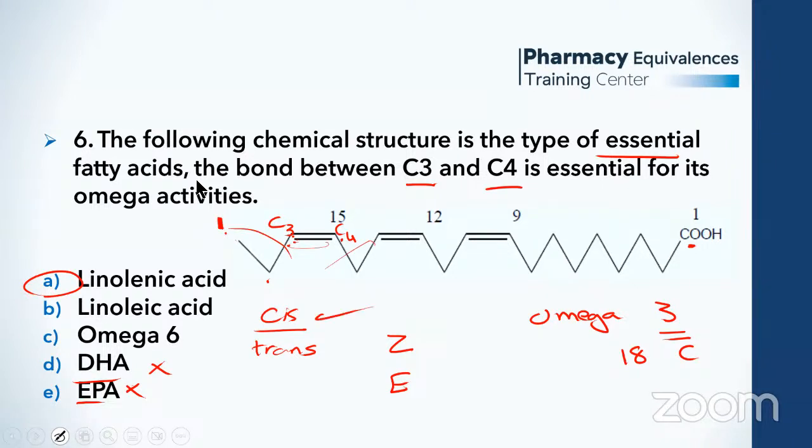Z or E, which one? No, it is Z. Cis equals Z. Please remember this: cis equals Z, while trans equals E. So it is Z or cis.